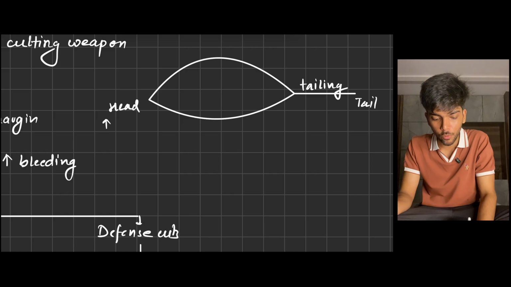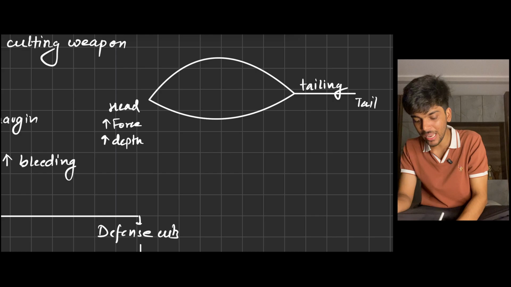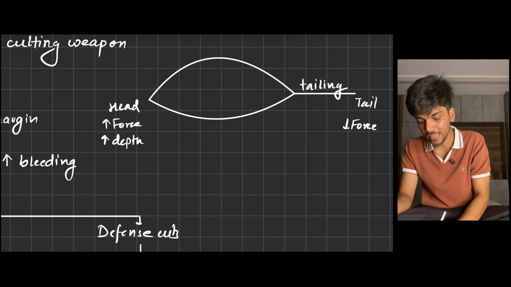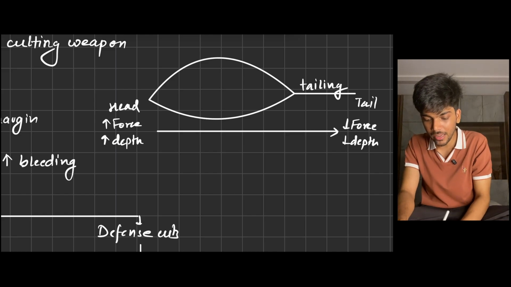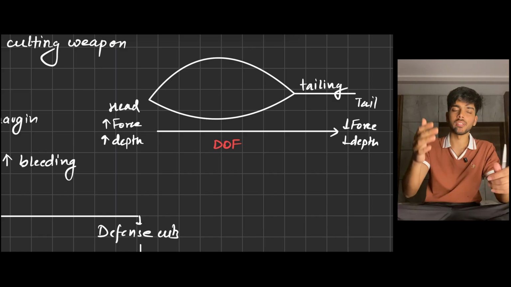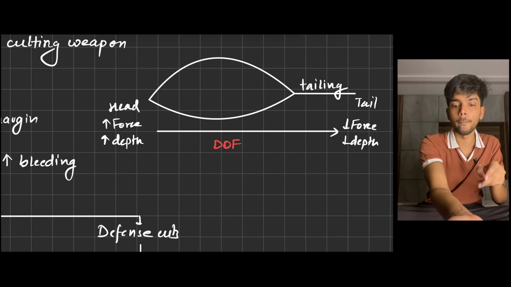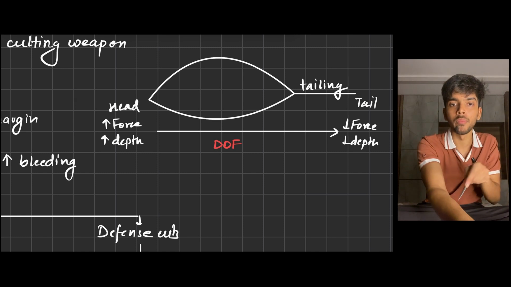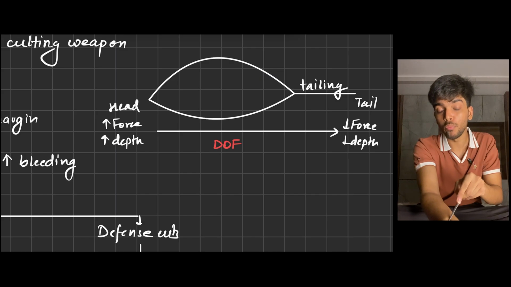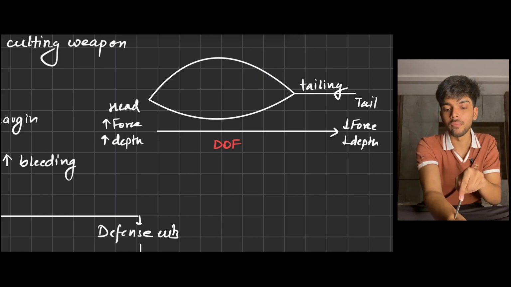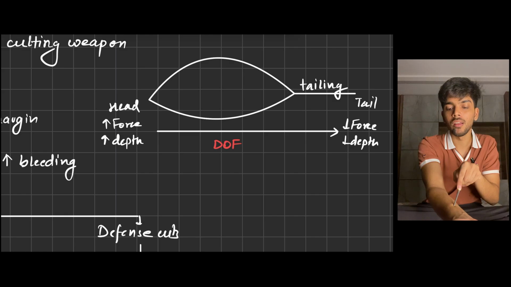At the head, more force is applied, so there is more depth. At the tail, there is less force, so there is less depth. And the tailing also gives you the direction of force, which is along the direction of tailing. It is really easy to understand. If I put an incision over my hand like this, first I'm going to put a lot of force into the incision. Then as it cuts through the skin, finally I'm going to lift my arm and the weapon is going to get lifted.